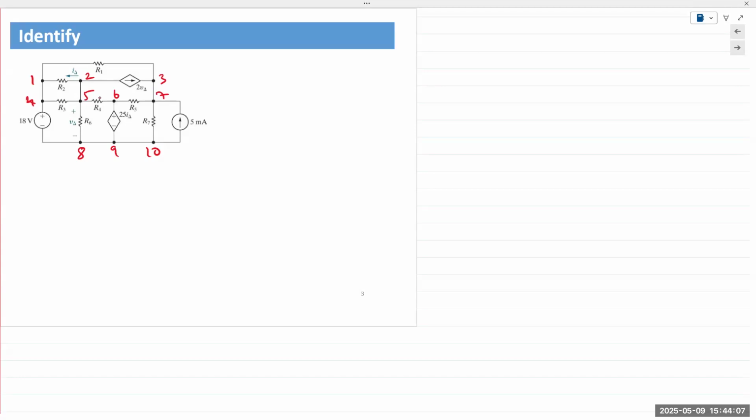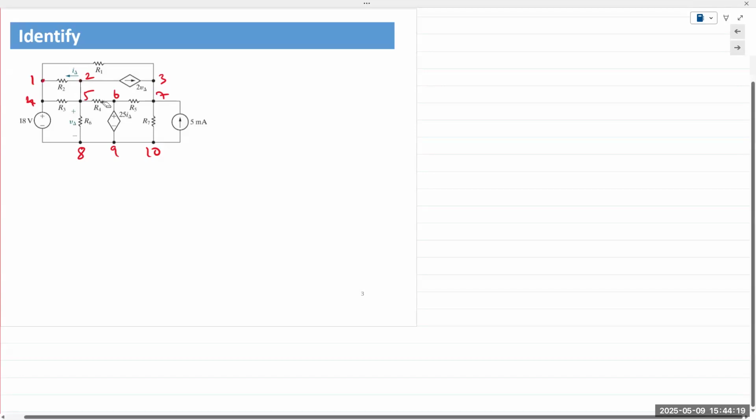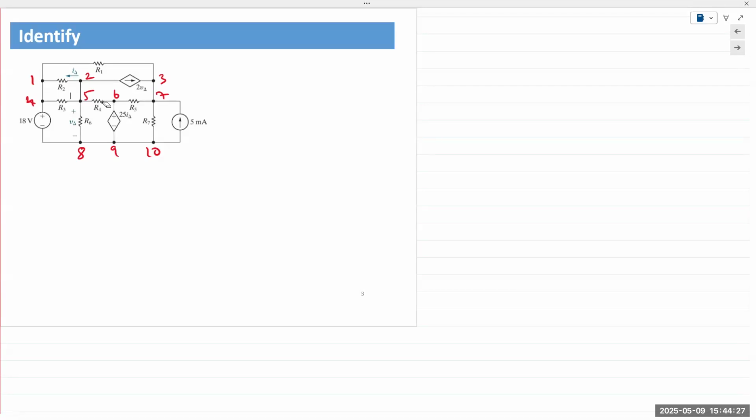All right, let's see. Basic definition: where two or more components meet, right? The circuit is saying that all these black dots are nodes. But the second part of the definition is that if two nodes are connected with a wire, they are the exact same node.